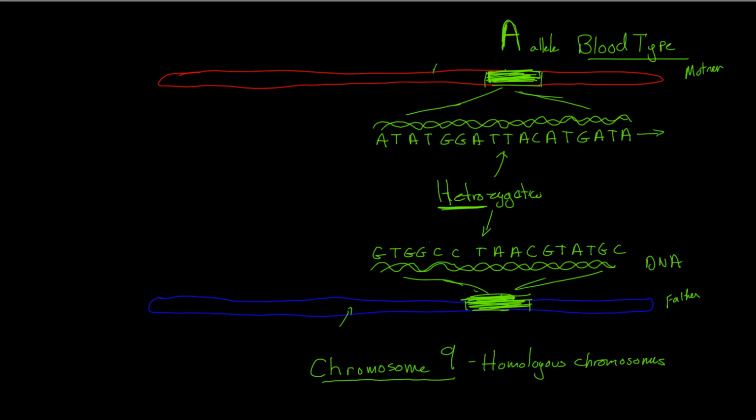So let's just say this was an O. We'll call this the O allele. This sequence down here that begins with G and ends with C, we're going to give the abbreviation O2. We've drawn A's and O's and all sorts of different alleles this semester.